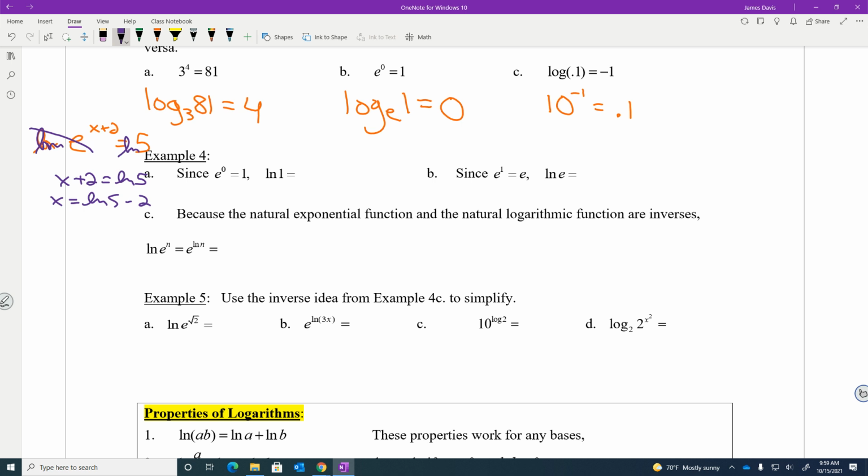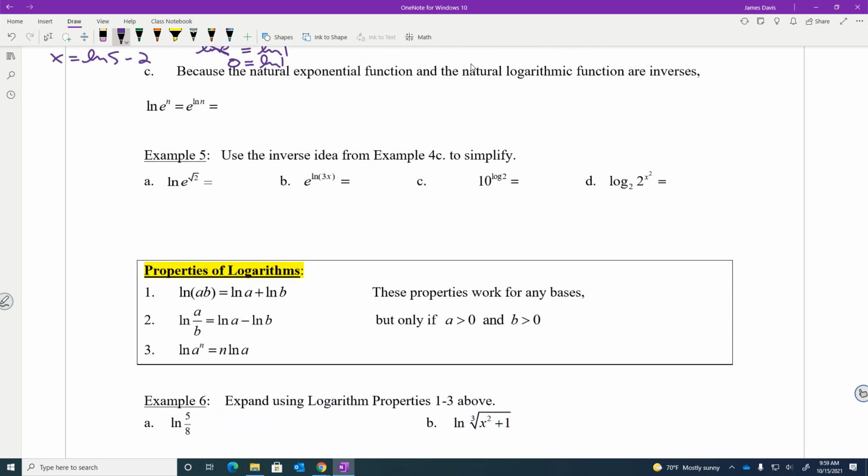So using the fact that those are inverses, here the natural log of e to the 0 equals the natural log of 1. And then so the natural log of e cancels, so 0 equals the natural log of 1. So that's what it's trying to do. So let's drop down here.